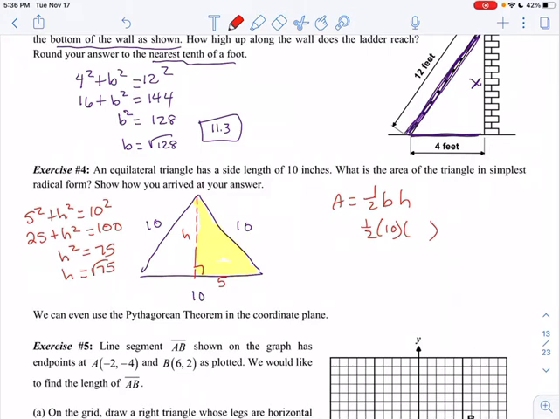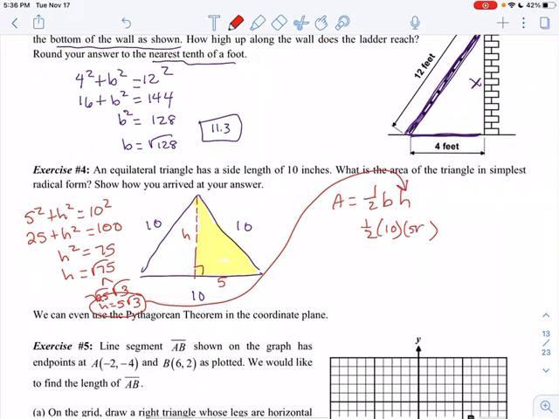And I want it in simplest radical form. So I have to break down that 75. I say what times what is 75. 25 times 3 is 75. The 25 is my perfect square. And the square root of 25 is 5. And the square root of 3 stays the square root of 3. This right here is my height, and that's going to go all the way over here.